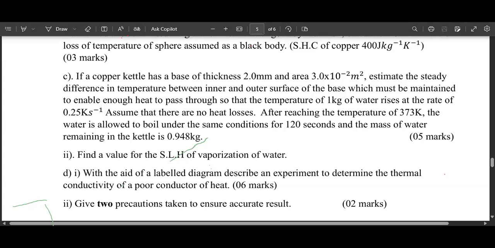They want us to estimate the steady difference in temperature between the inner and outer surface.